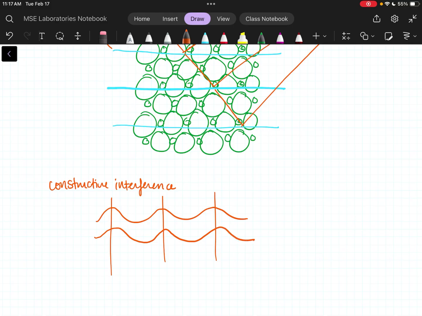Constructive interference is when highs and lows line up with each other.